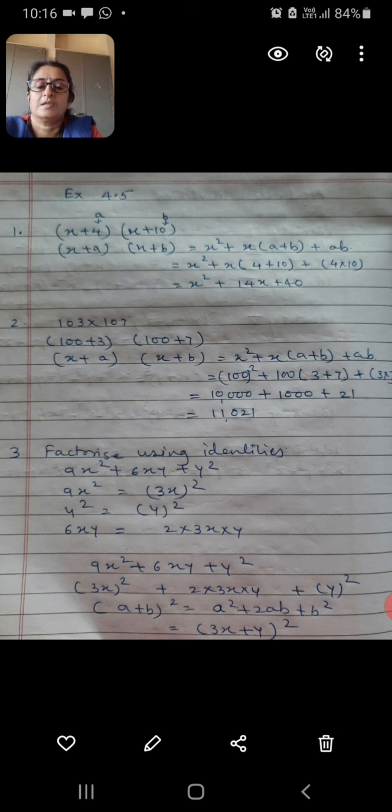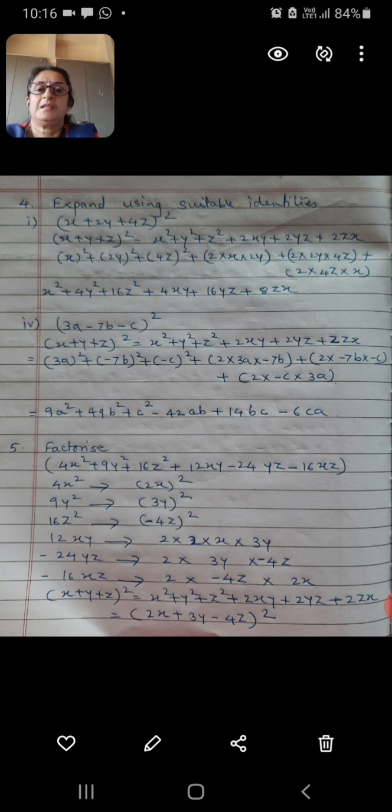So the first term we can consider as 3x, the second term we can consider as y, and 2ab is 2 into 3x into y. Seeing the identity a plus b the whole bracket square, the factors are 3x plus y whole bracket square.